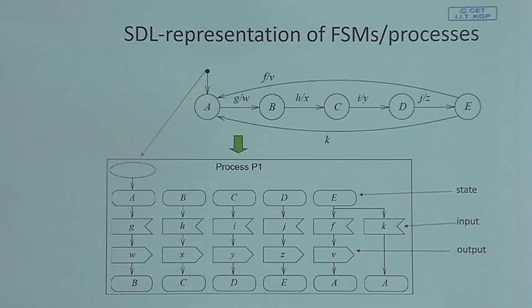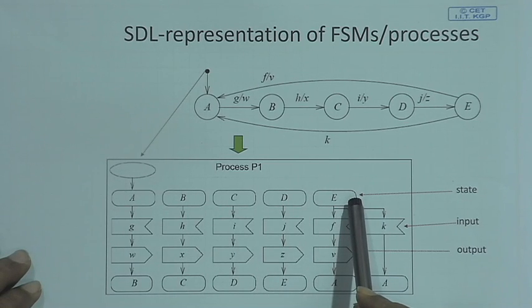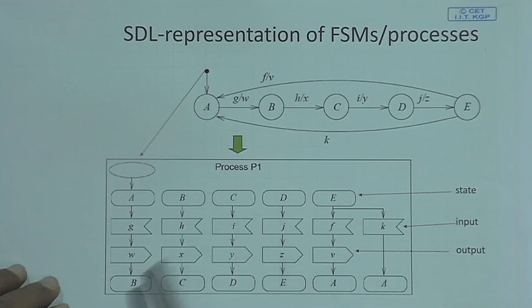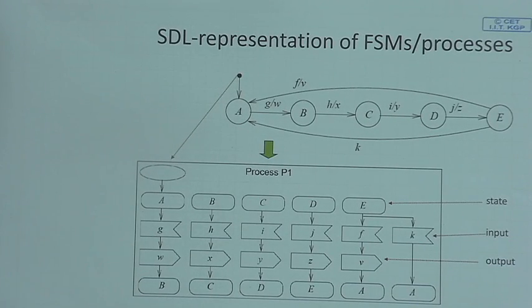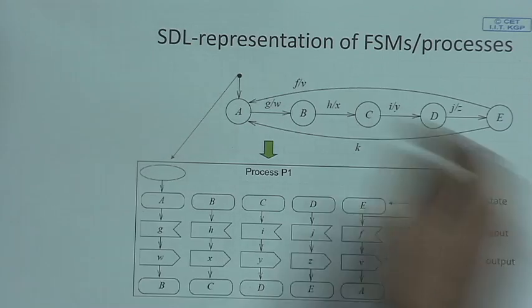So, the syntax in SDL rests on these oblongs representing states, rectangles with inward arrow as inputs, rectangles with output arrows as outputs, and that is all. So, this is one process. Okay. Now, let us look at how the communication takes place in this case.